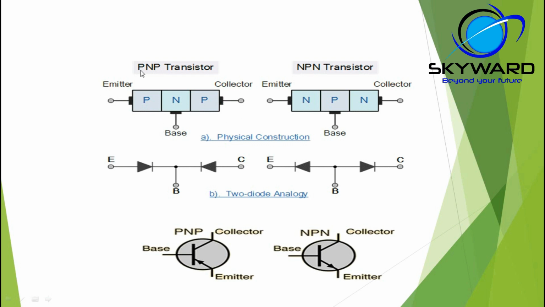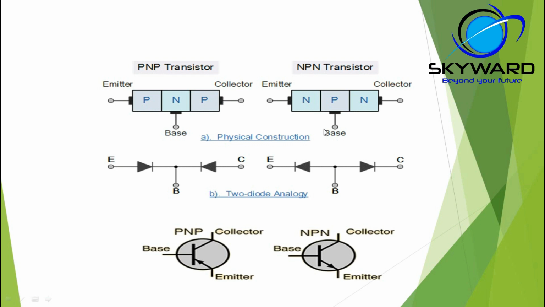If the middle one is N and the outer ones are P, then this is known as PNP transistor. And if the middle one is P and the outer ones are N, then this is NPN transistor. In a diode only two junctions are there, PN and NP. In a transistor three junctions are there. The base junction has been added for controlling the switch.